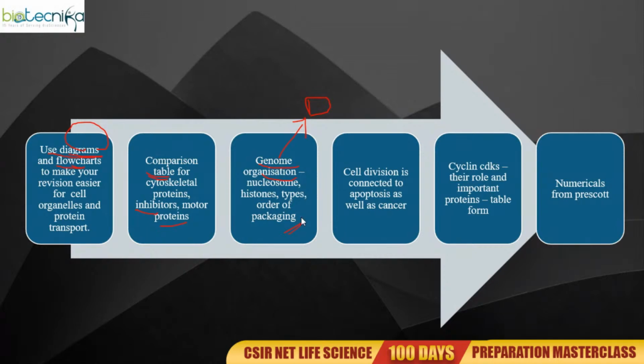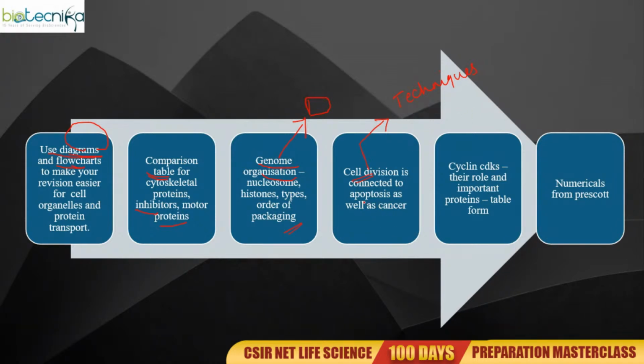That will be more clear with a diagrammatic representation. Then cell division, that is related to the cell cycle, is basically combined with techniques. Other than that, some other topics will be connected.